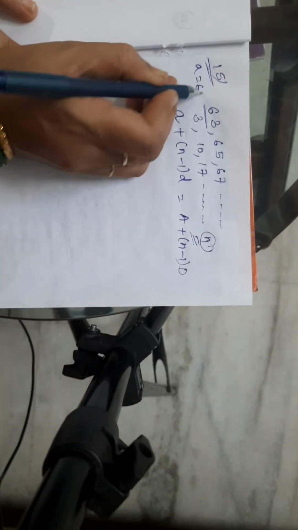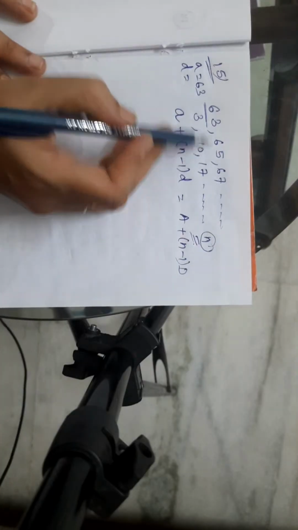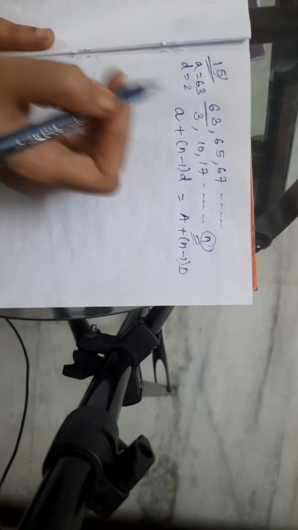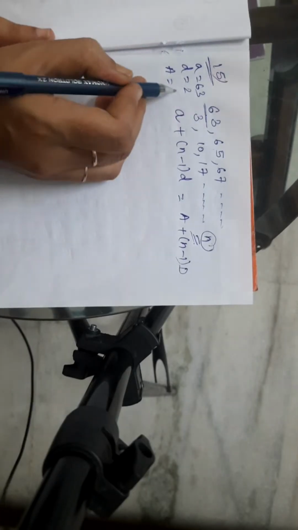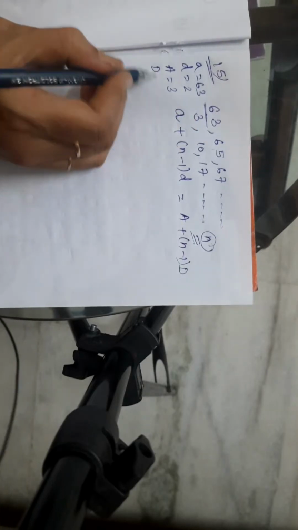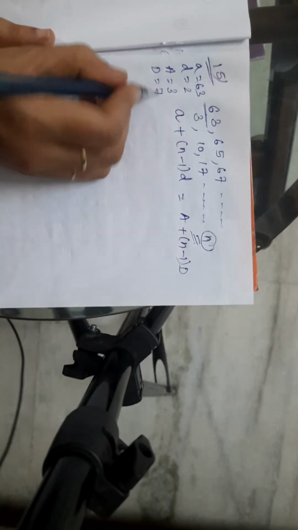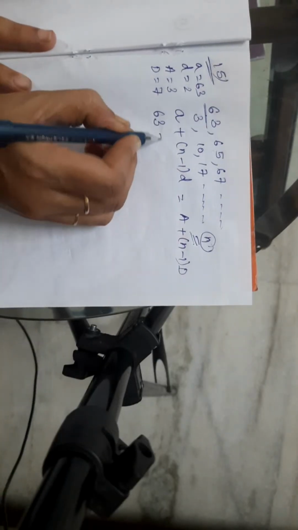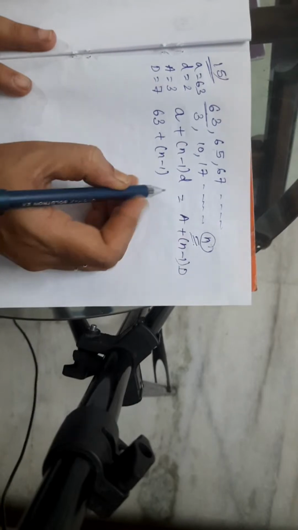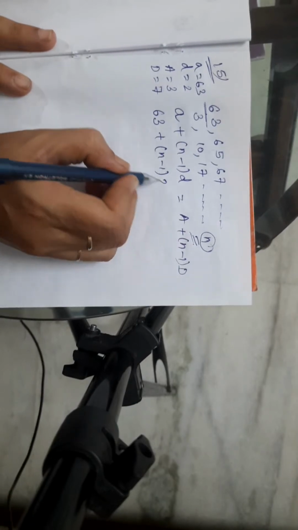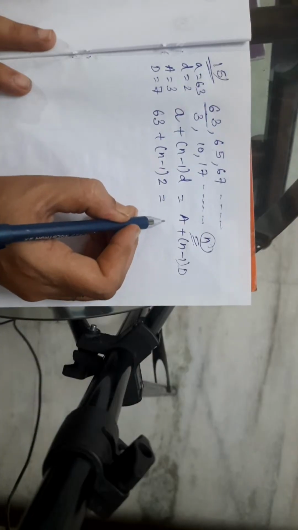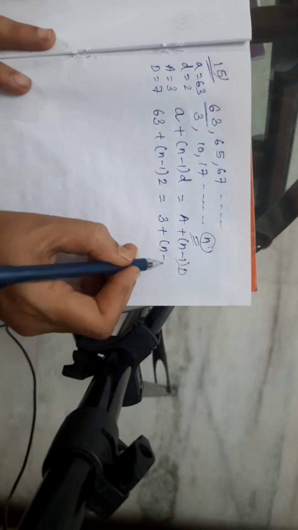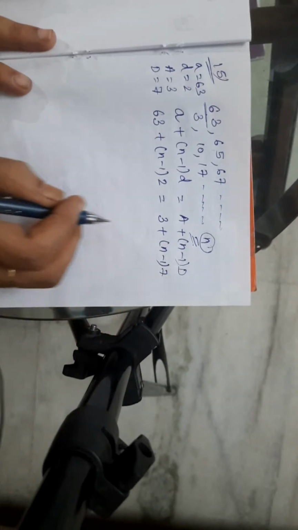Here small a is 63, and small d is the common difference, so we subtract: 65 minus 63, it's 2. For the second AP, capital A is 3, and capital D is 10 minus 3, which is 7. Now put in their values. So here a is 63, n minus 1, and d is replaced with 2. For the second case, capital A is 3, n is the question mark, and capital D is 7.